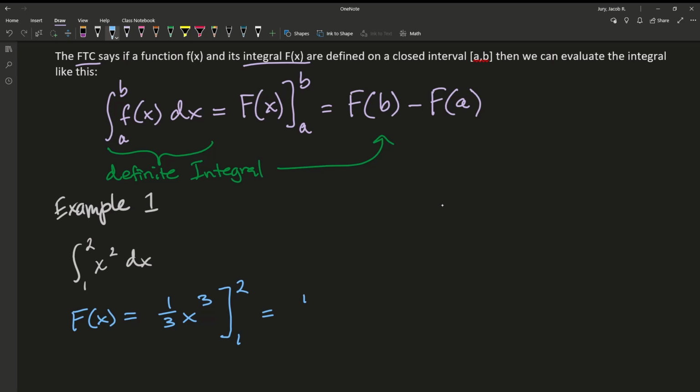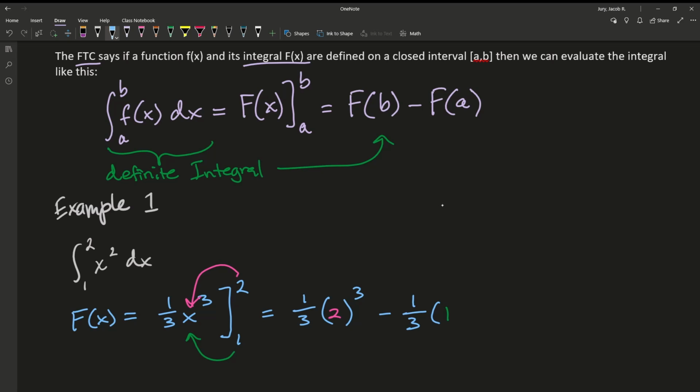So I'll perform the operation with 2 cubed, because that's what would happen if I were to put 2 into my x variable. And then I'll subtract the integral function evaluated at 1.